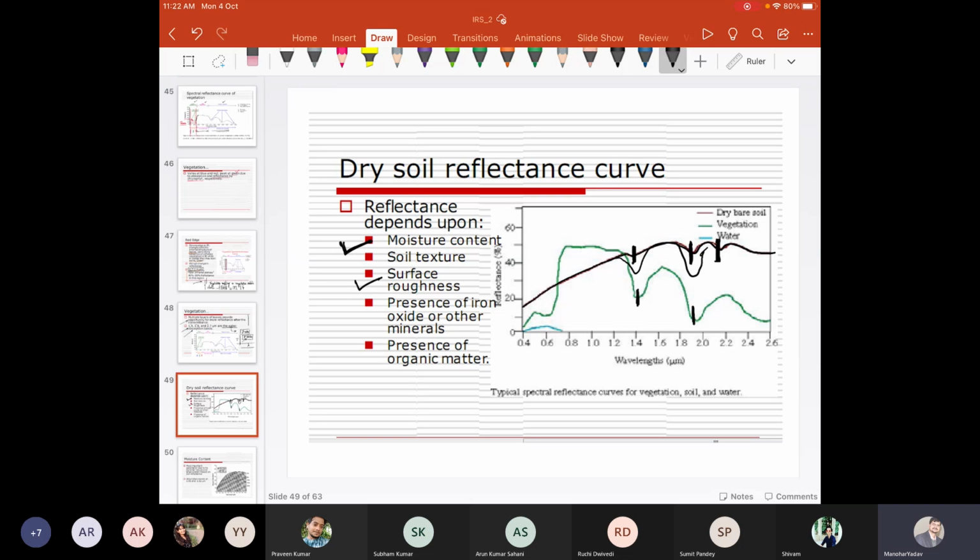What is the difference between a spectral signature of soil and vegetation? You see over here, in case of vegetation, within the NIR band, the reflectance is very high, 40 to 50%. While in case of soil, it's a monotonically increasing plot. But at certain wavelength locations, there is a valley.